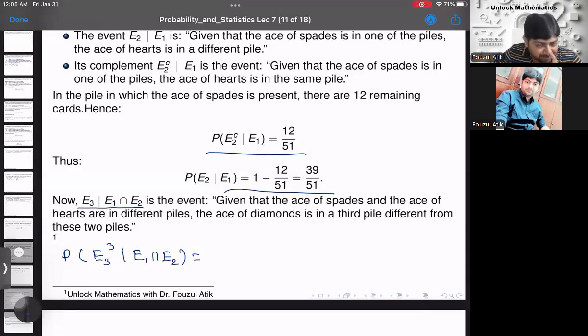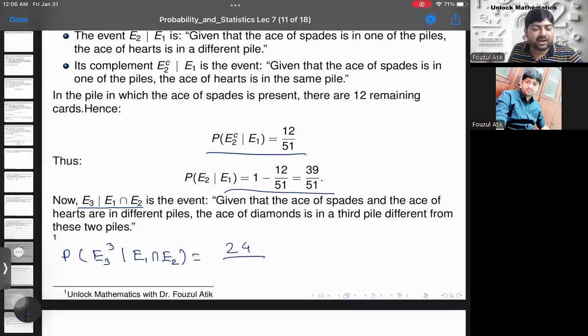So how many ways can it be done? The pile which contains the ace of spade and the pile which contains the ace of heart together have 13 plus 13, 26 cards, but two are already there, the ace of spade and the ace of heart. So how many choices remain? It is 24.